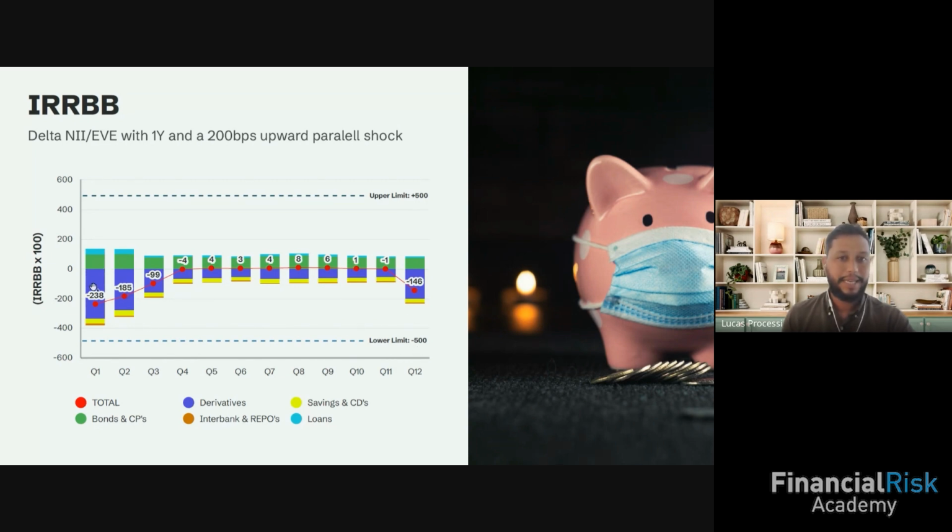And we can see here that the model is always complying with the risk limits. And it is also taking a position here. It is also taking a direction here.